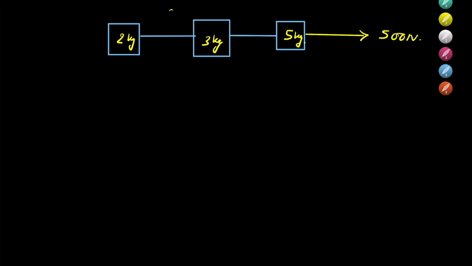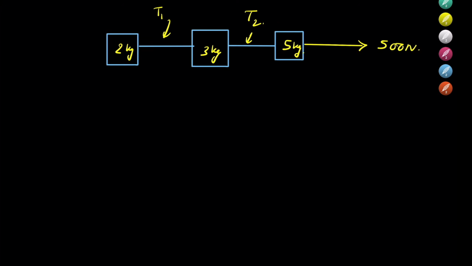So what will be the tension in this part of the string, T1, and the tension in this part of the string, T2? What will be the values of T1 and T2? Quickly tell me fast.